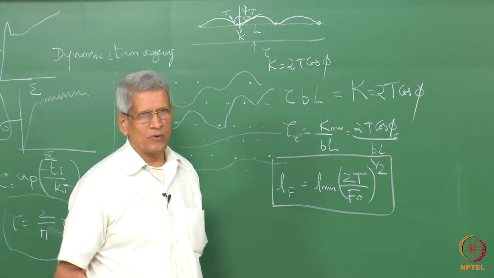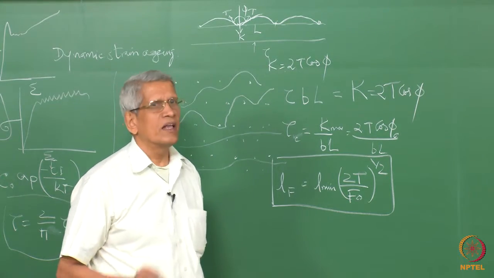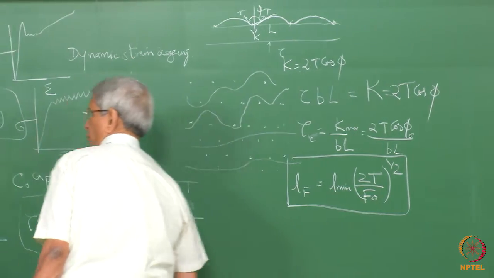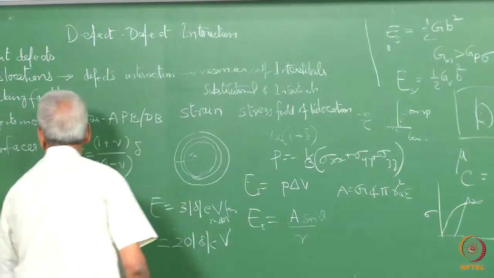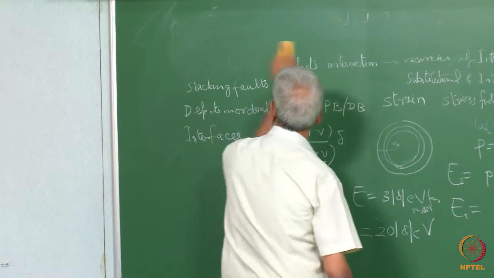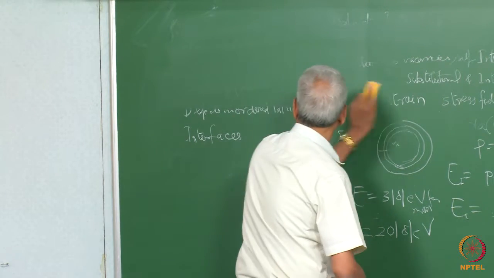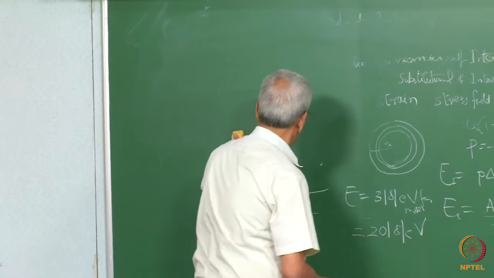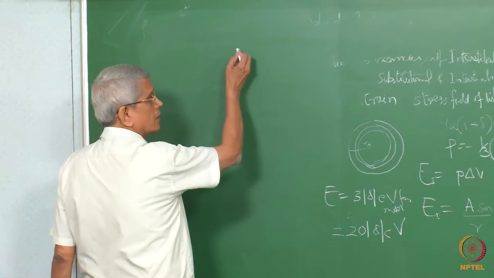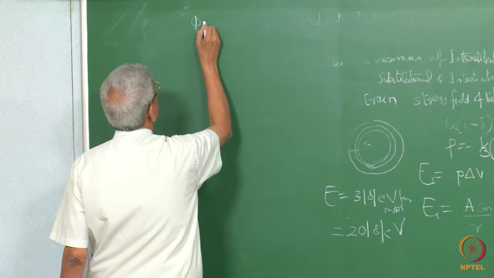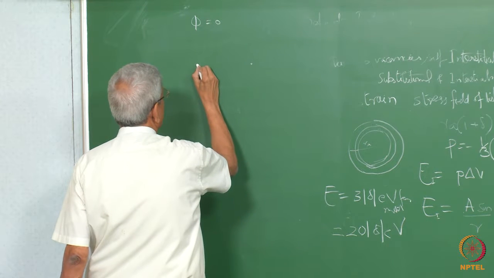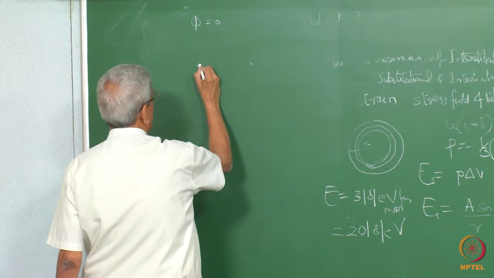Then what is the consequence which will happen? At that particular point, when phi equals 0, essentially the dislocation is bent like this, correct?